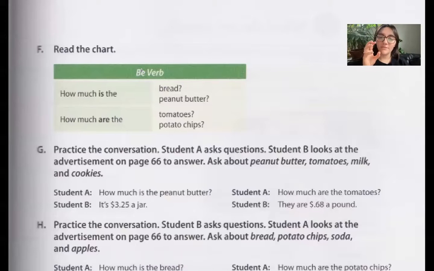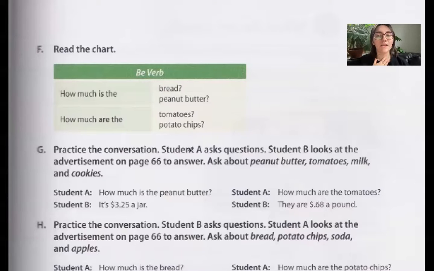You don't buy them individually. And with potato chips, there are individual chips in there, but the bread is cooked as a whole. So it's a whole piece, and potato chips are all little separate pieces, right? So we say, how much is the bread? How much is the peanut butter? How much is the milk? How much is the pasta?